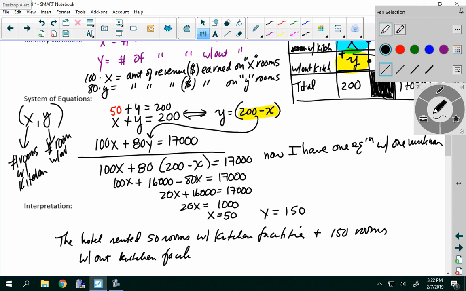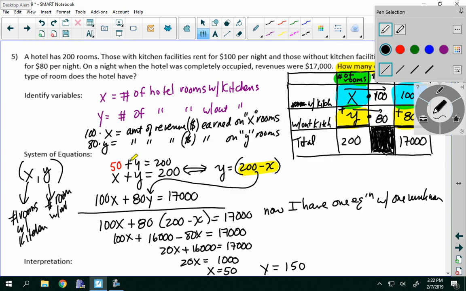Okay. So that concludes the lesson activities for lesson number 6. I hope that you have now had enough practice with defining variable expressions, which are in this case x, y, 100x, and 80y.